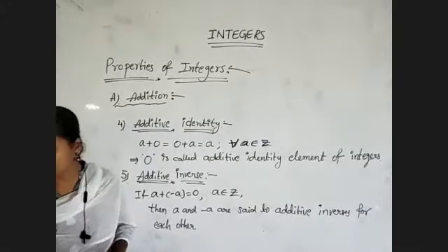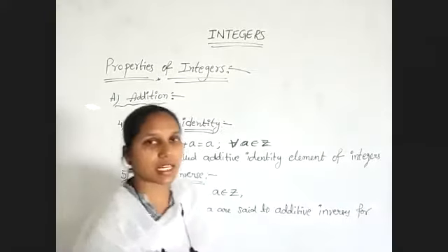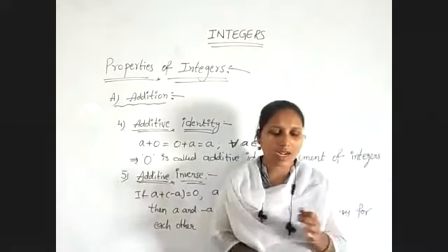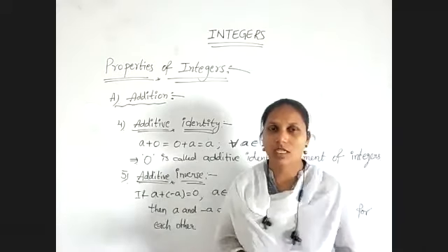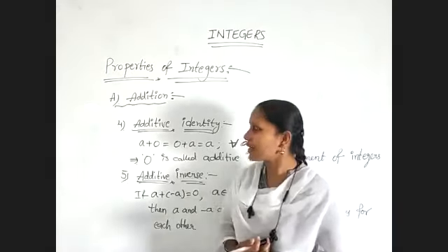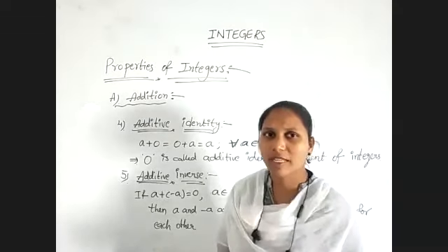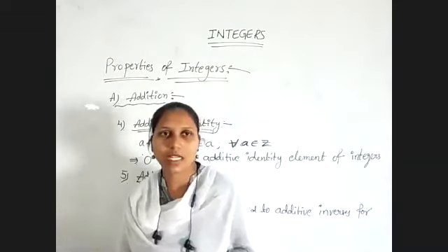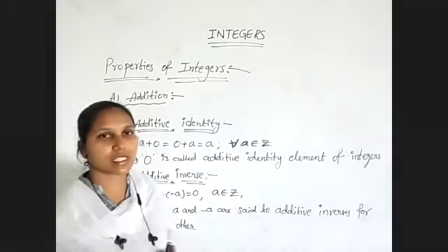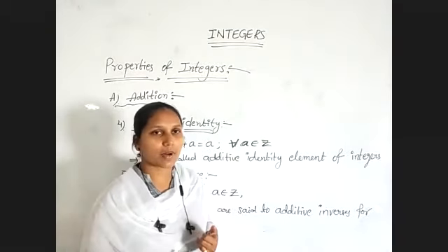Once again, I am repeating whatever properties we have studied under addition. If we understand them properly for addition, the same thing we have to repeat for subtraction, multiplication and division. So we will see how many properties are applicable in case of different operations. First one, closure property under addition.